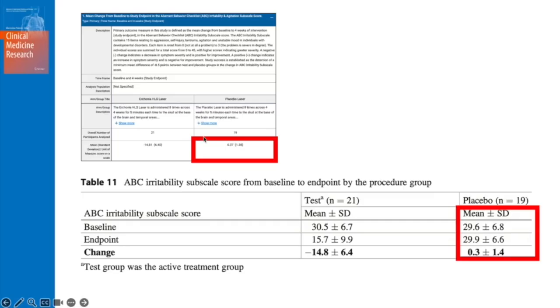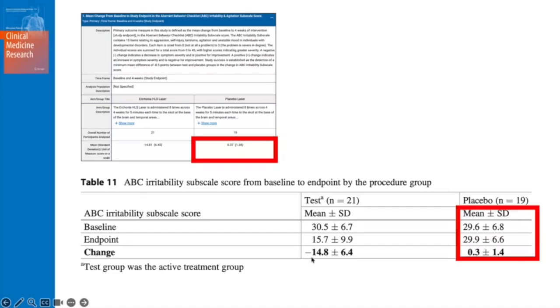Moreover, if you remember, I told you that one very weird aspect of this study was that in the placebo laser group, you had almost no change. This is the same in the paper.